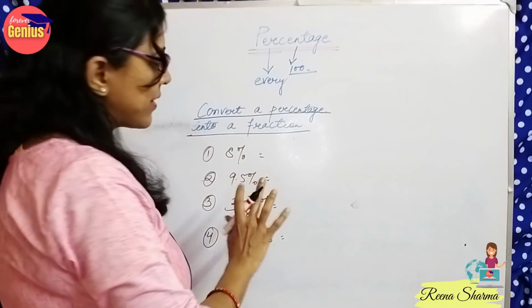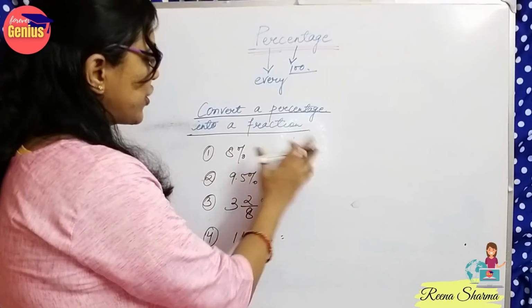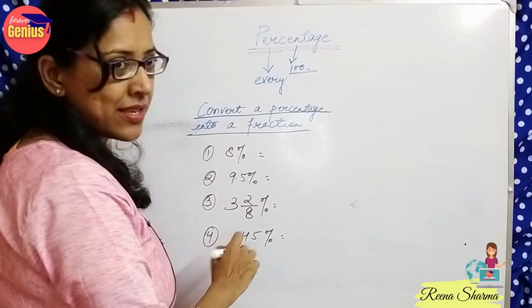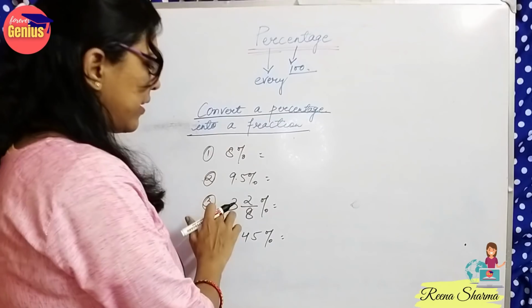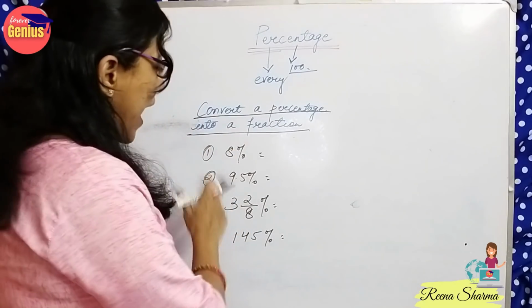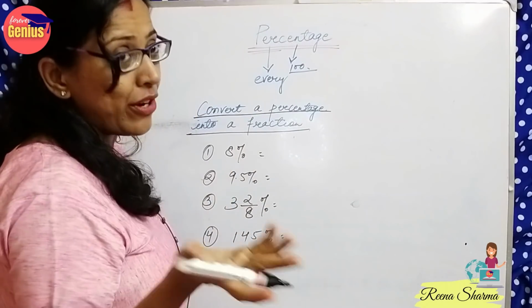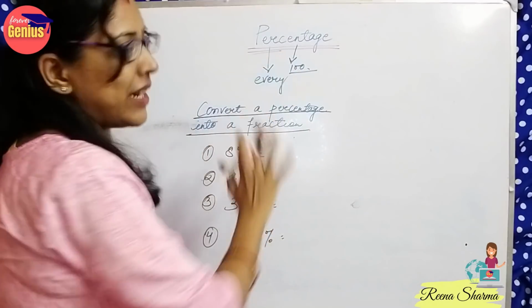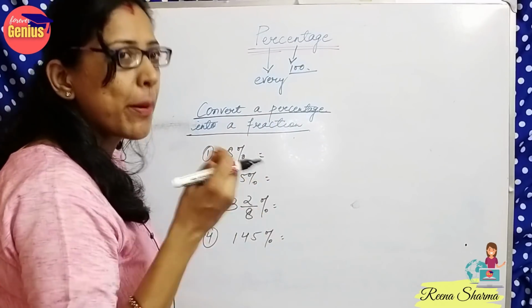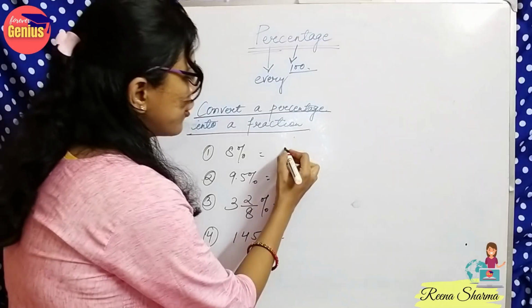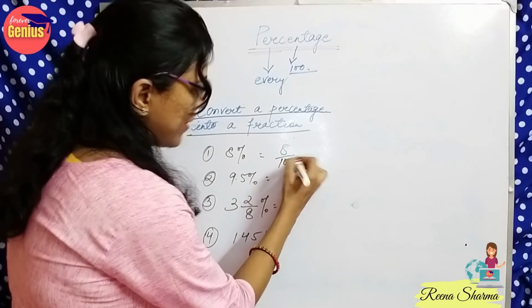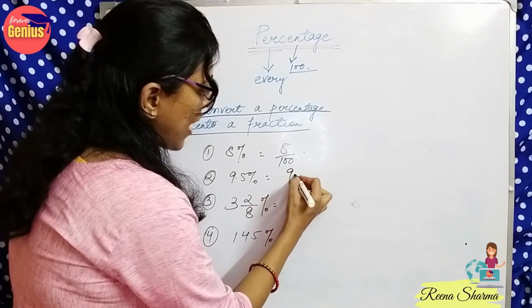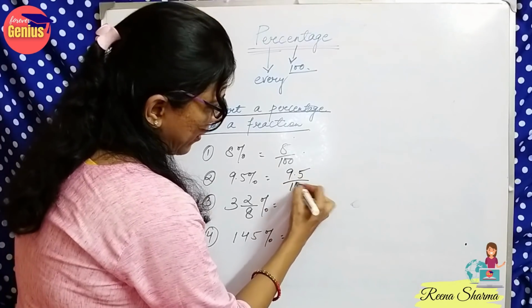This one is extremely easy, because we understood that these are the numerators. So we know we have to write it on top, and denominator will always be 100, because we are dealing with percentage, means percent per 100. So this is simply 8 by 100. Now this is 9.5 by 100.